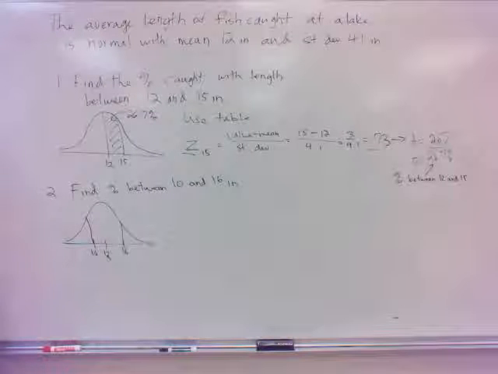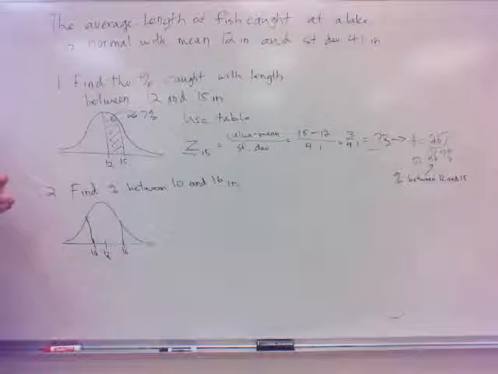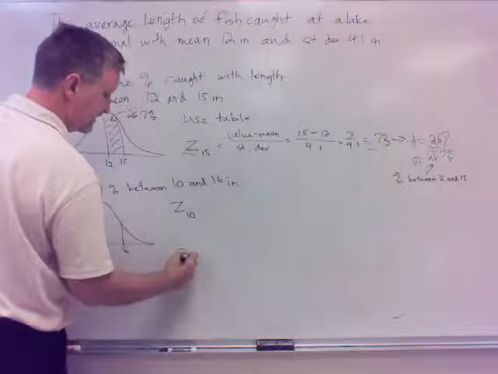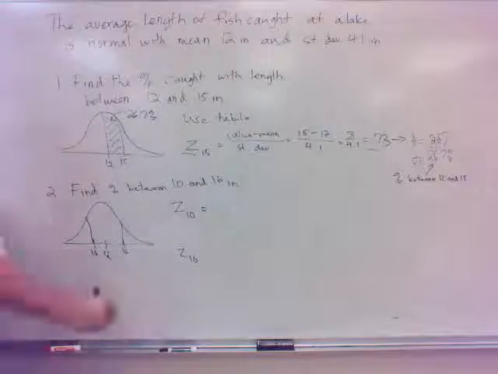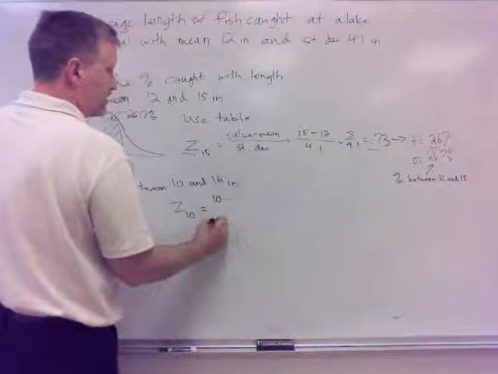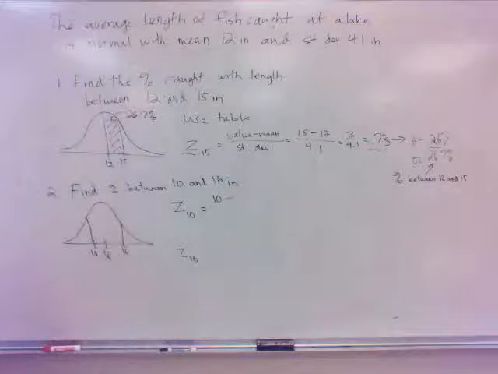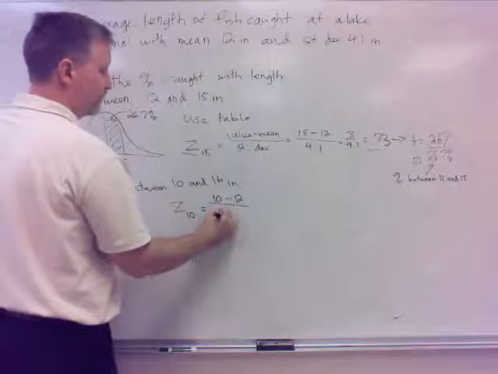Like I was saying, usually if there's more than one value, here I've got 10 and 16, you're going to have to find the z-score of both because the table is based upon z-scores. So we need the z-score of 10 and the z-score of 16. Let's do 10 first. 10 minus the mean, which is 12, divided by the standard deviation 4.1.